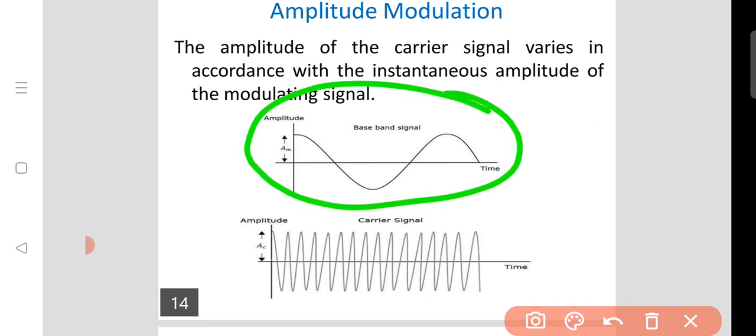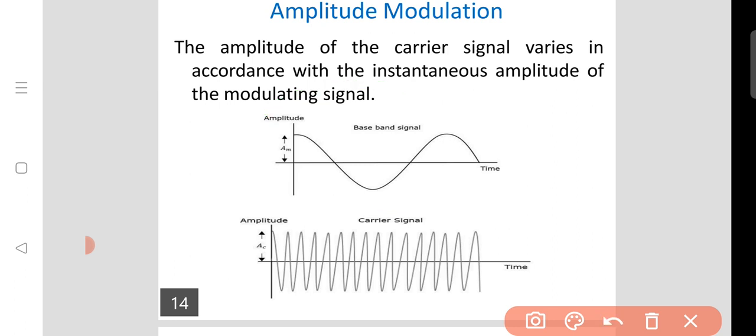This message signal consists of frequency, phase, and amplitude. Based upon these parameters, we design three modulation techniques. The first modulation technique is amplitude modulation.